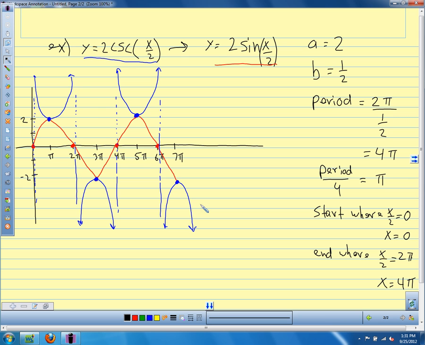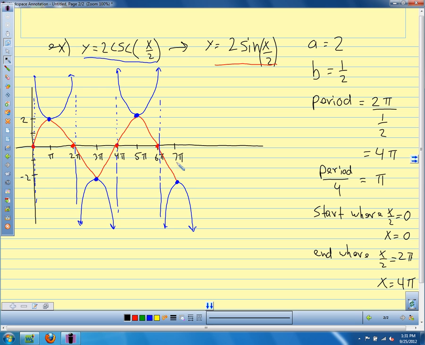The secant function looks very similar to this one, except the secant is shifted a little bit from a cosecant function. So it'll look the same way. We'll graph it the same way. The graph will be just a slightly different shape, but the steps and the procedure are exactly the same. Any questions on that?